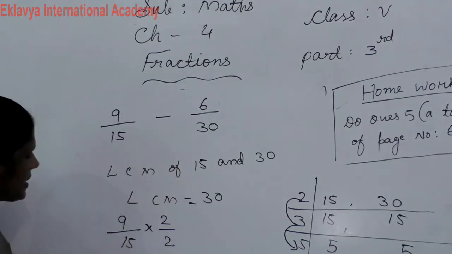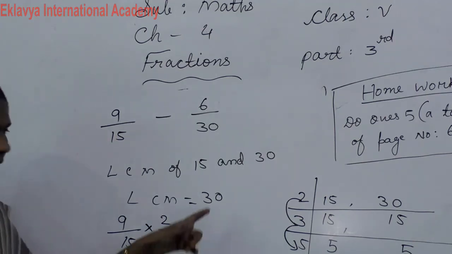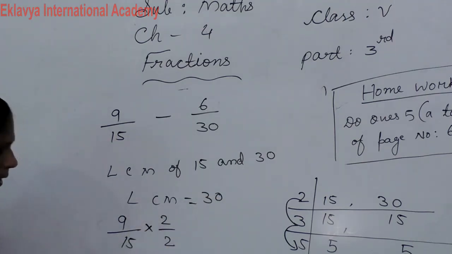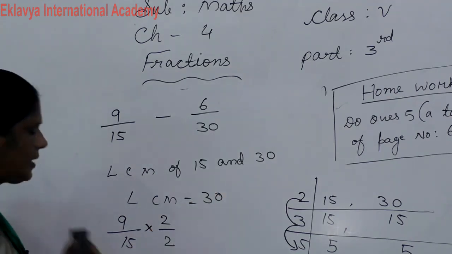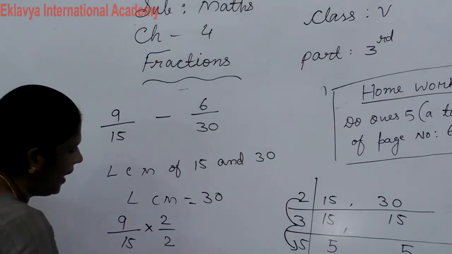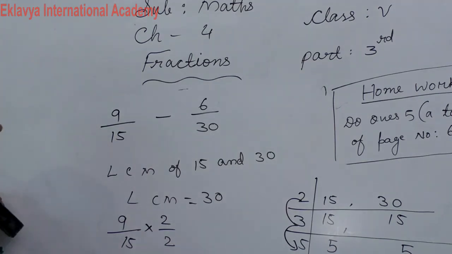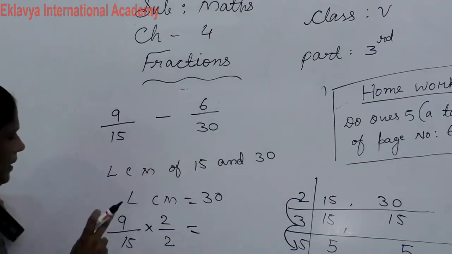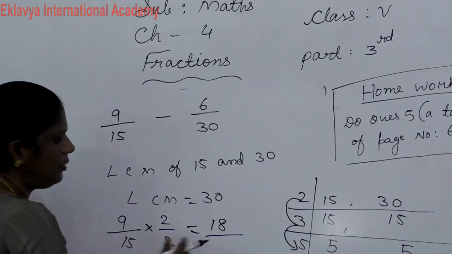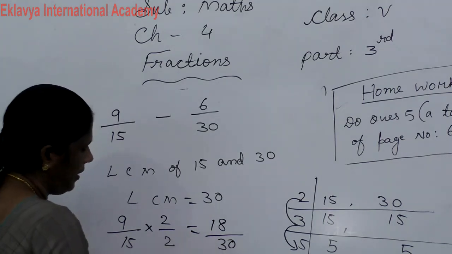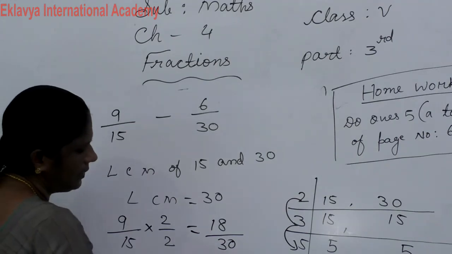Next fraction 6 upon 30. LCM divide by denominator, 30 divide by 30 is 1. Now multiply. 9 twos are 18, 15 twos are 30. Here 6 ones are 6, 3 ones are 30.